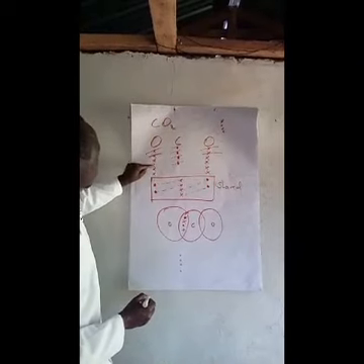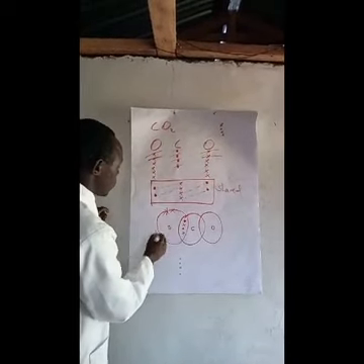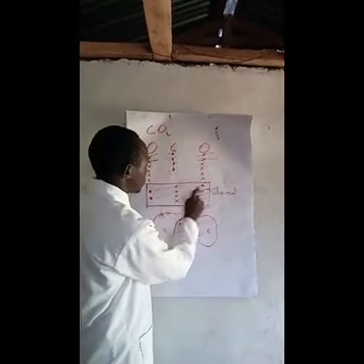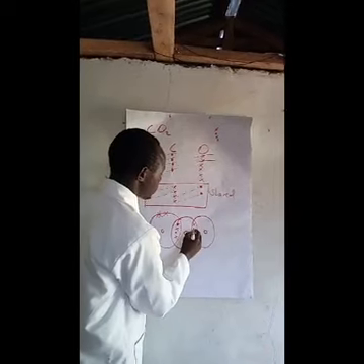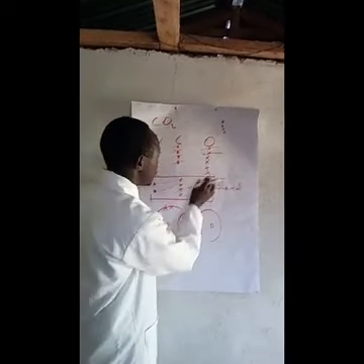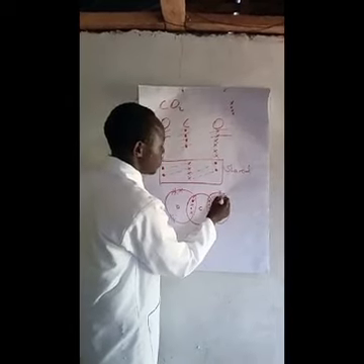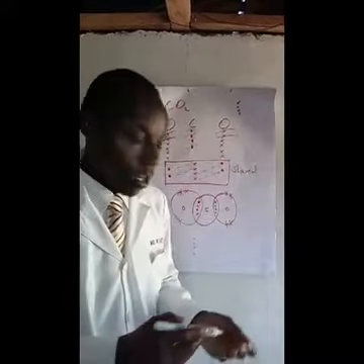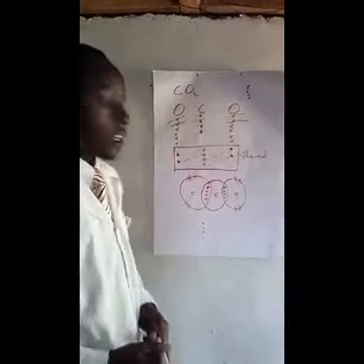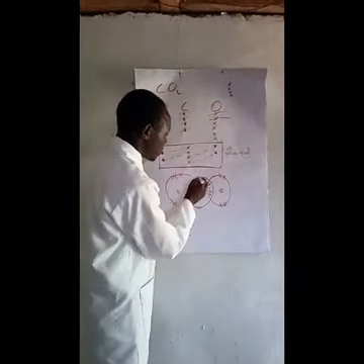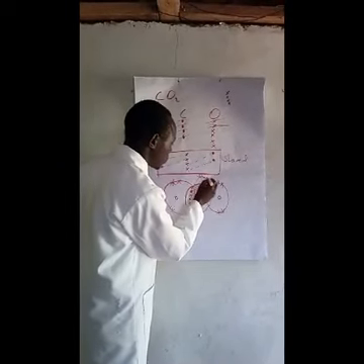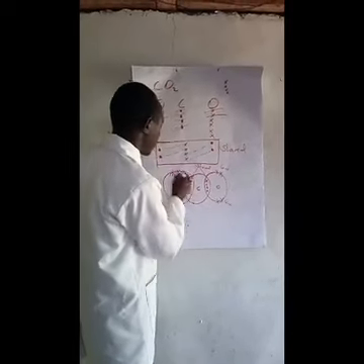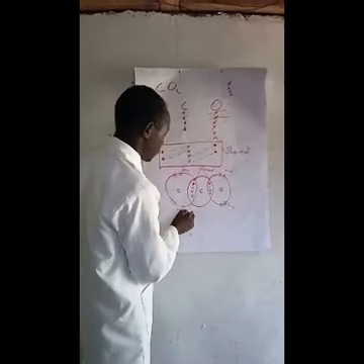Then you have 1, 2, 3, 4 in the middle. On this other side, you have the same. Again, this constitutes the shared pairs of electrons, and these are lone pairs.